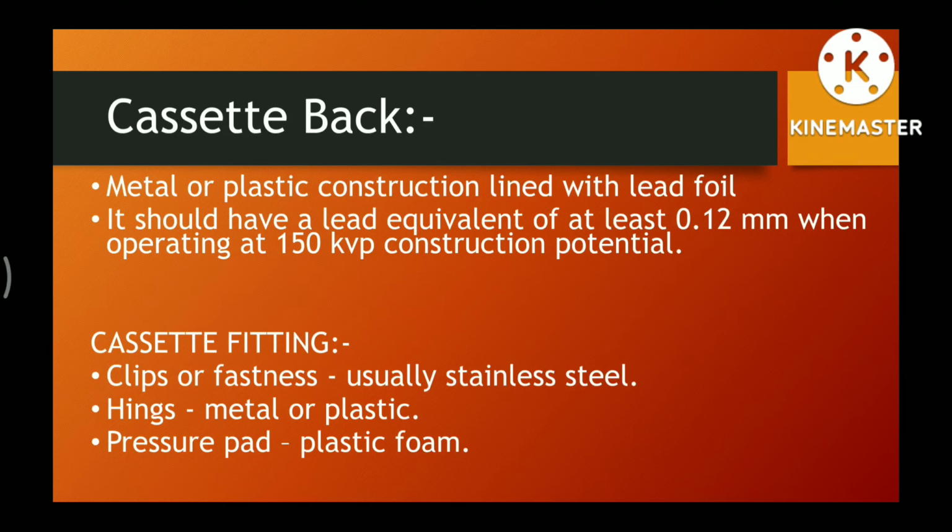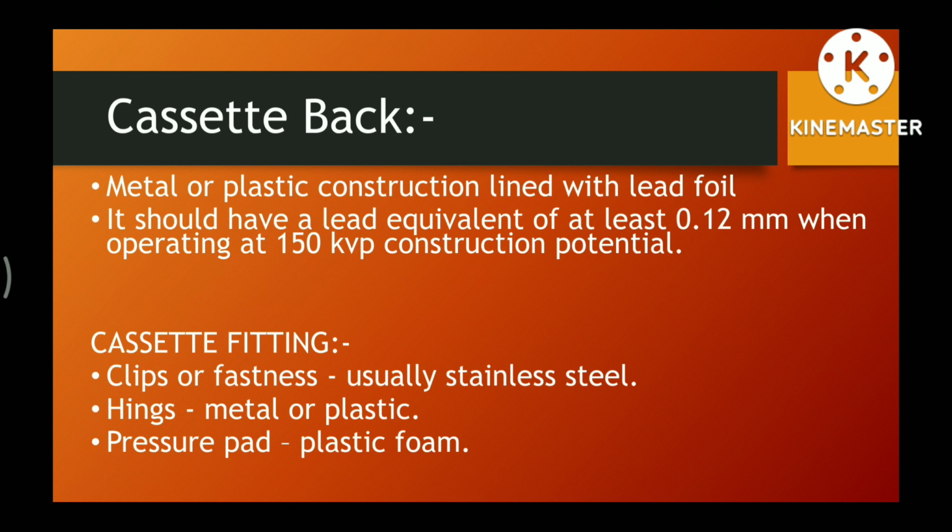Moving towards the second part of the cassette, which is the cassette back. The first point says that it is either a metal or plastic construction lined with lead foil all round. What is this lead foil? Lead foil is lead which is foiled all around the back of the cassette. Why do we use lead foil here? We use it to prevent backscattering of radiation.